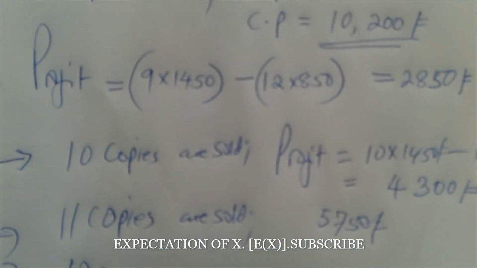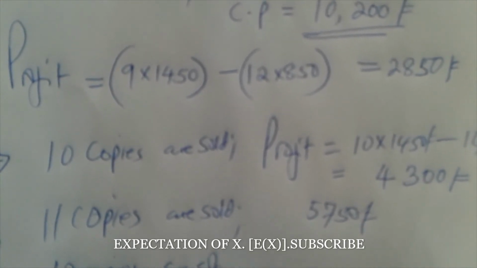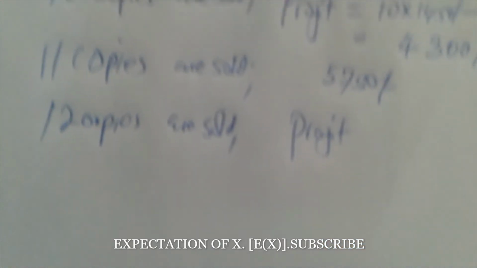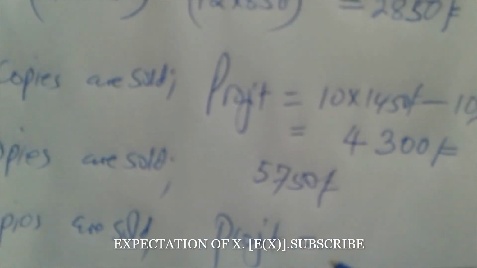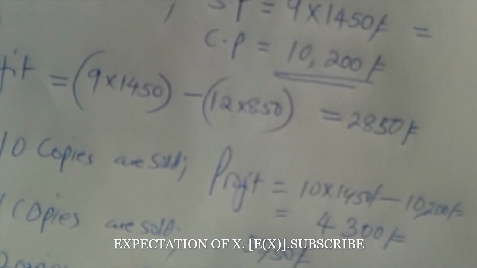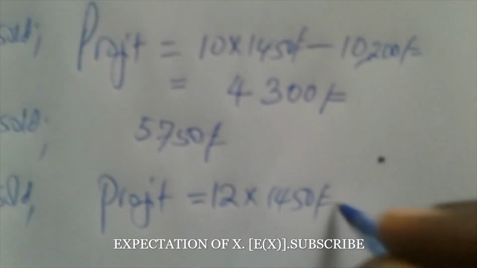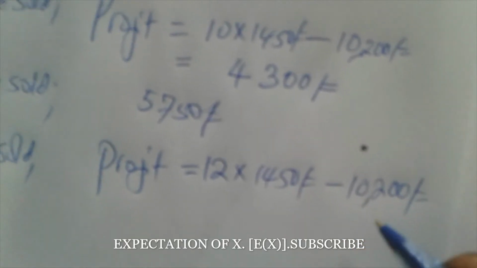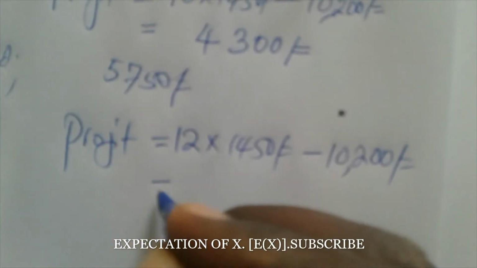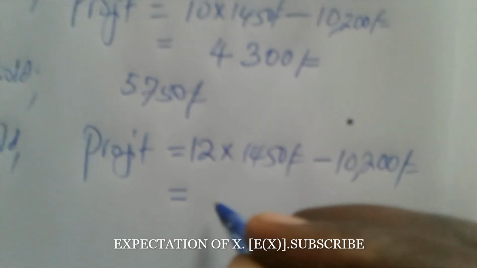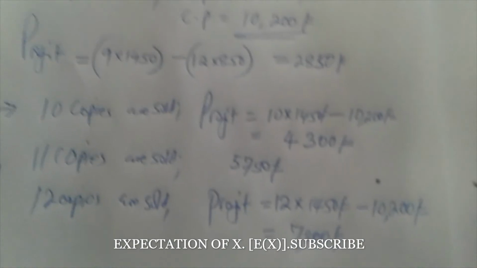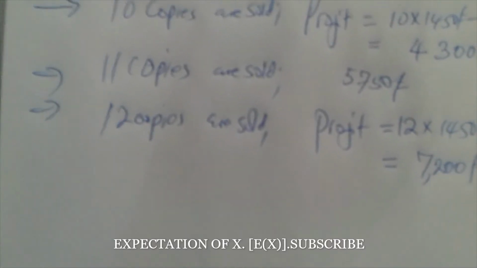Now, when 12 copies are sold, then the profit will be 12 times the cost per copy, 1,450 shillings, minus the amount for the cost price, and this will give us a profit of 7,200 shillings. So this is how we can calculate the profit.